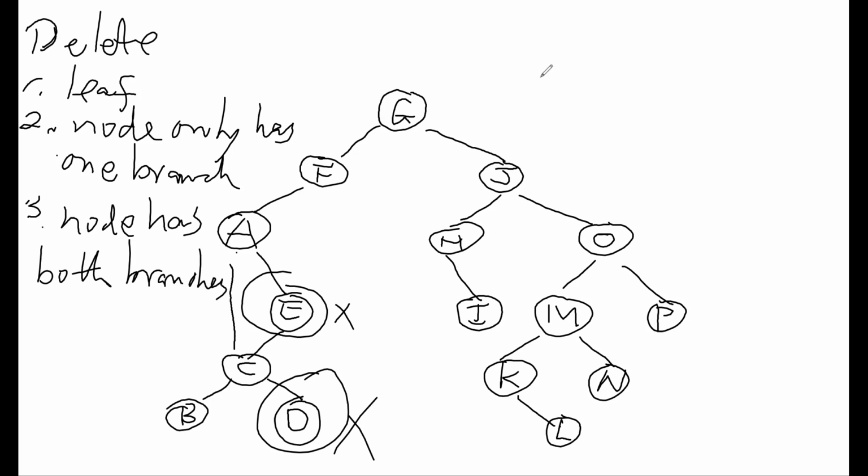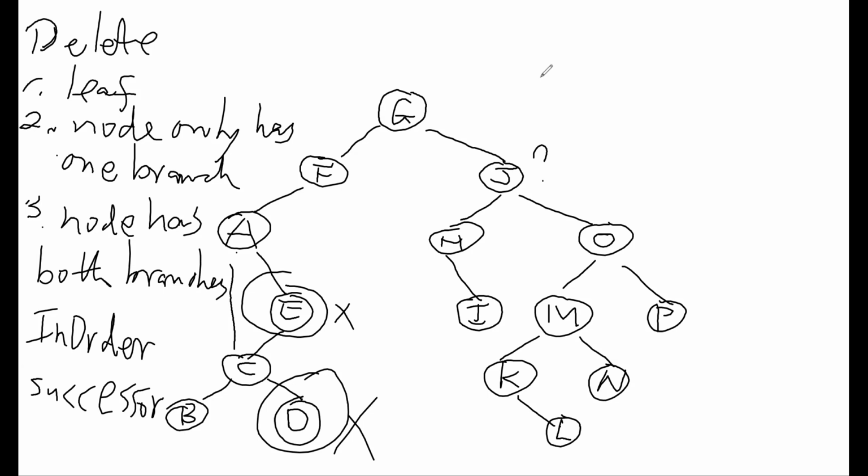So suppose we want to delete node J. If you just delete it, there is no way to just connect. So the idea is you do in-order traversing and find its direct in-order successor.